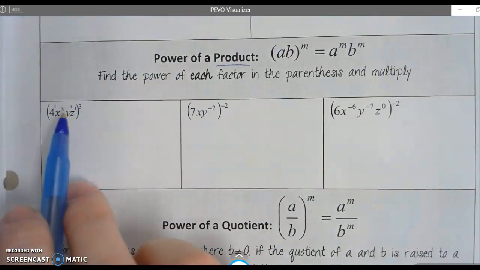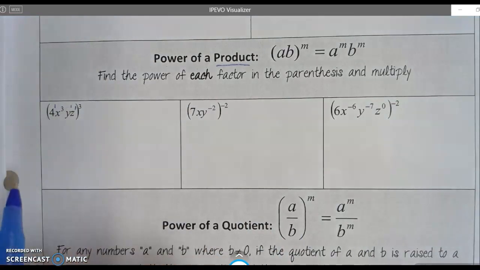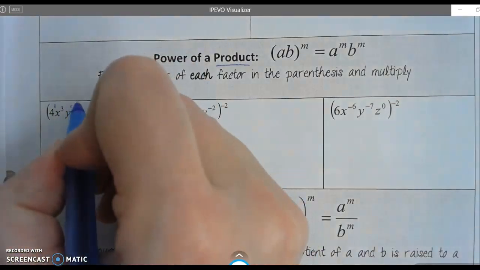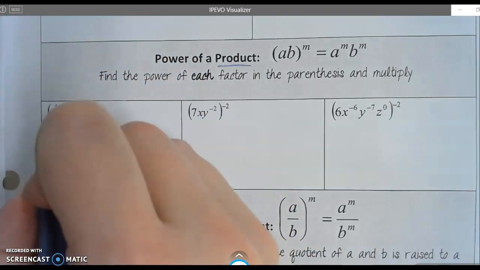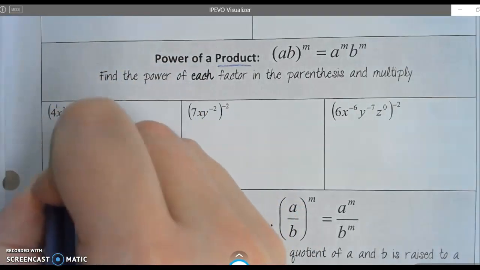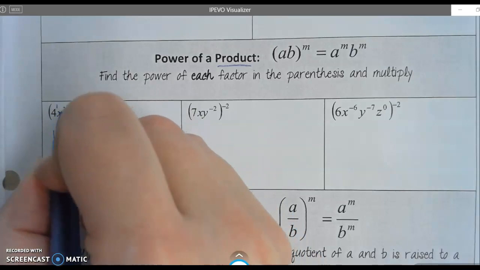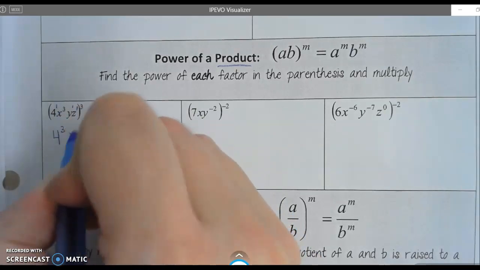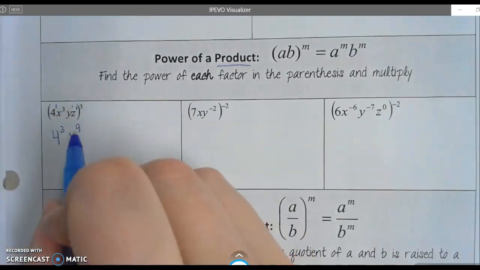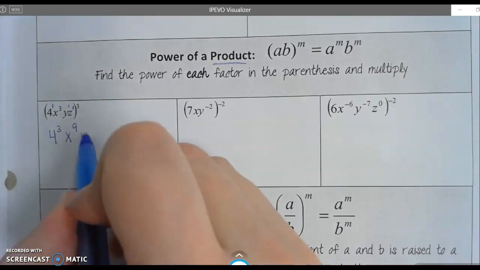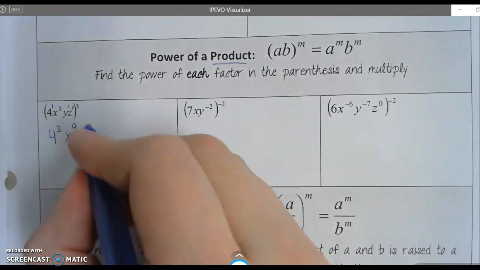So I'm going to go ahead and write in the exponents on each piece, and then I can cube each piece. So 4 to the 1st cubed is 4 cubed. X cubed cubed is x to the 9th. Y to the 1st cubed is y cubed.